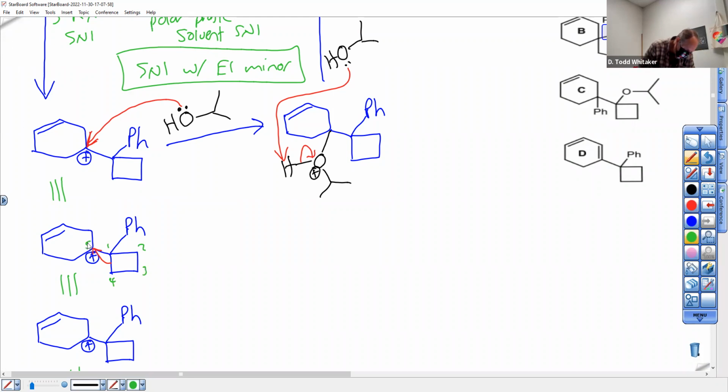There's 1, 2, 3, 4, 5. Six-membered ring didn't change. Copy it. This bond didn't change. This bond didn't change. This bond didn't change. This bond didn't change. This bond didn't change. This bond moved over here and it left behind a cation that's amazing.